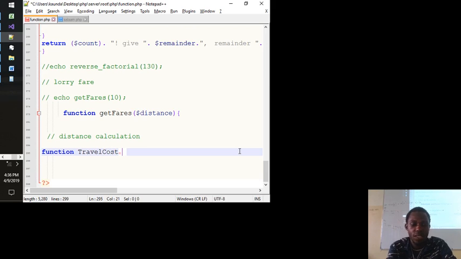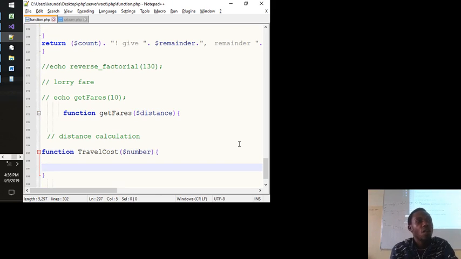I'm calling it this, and the number of kilometers. I know this is how the signature has to be. I'll take a number, then I'll do the calculation inside.